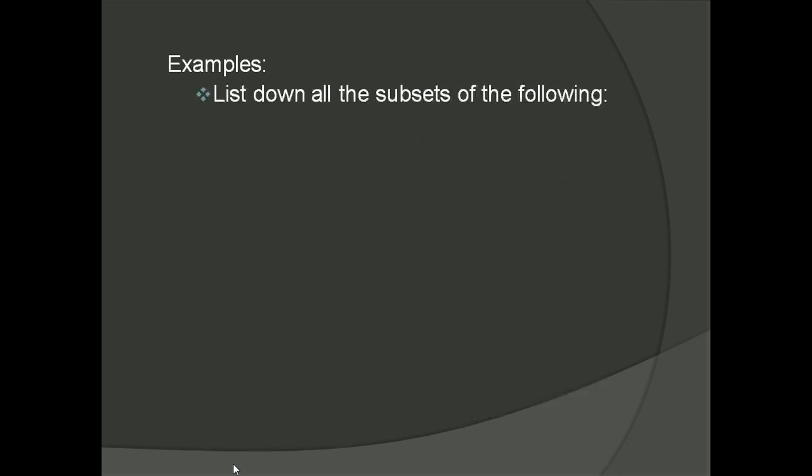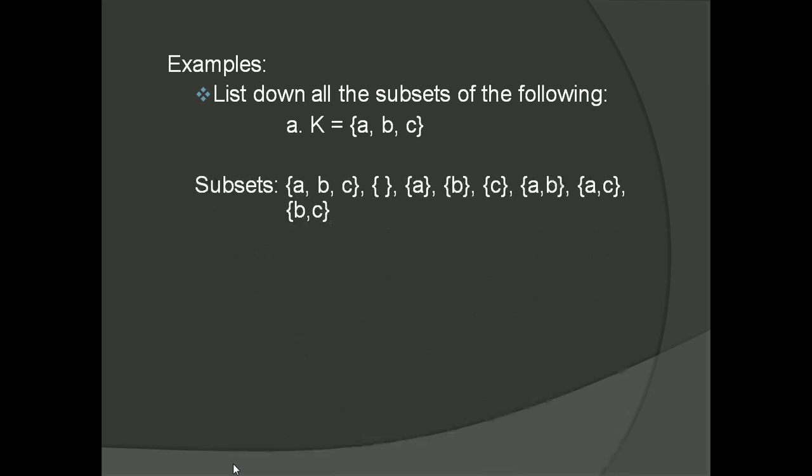For example, list down all the subsets of set K, which has elements A, B, and C. The subsets are: first, the null set; third, the element A; fourth, the element B, the element C, the elements AB, AC, and BC, and A, B, C. So the number of subsets is 8.